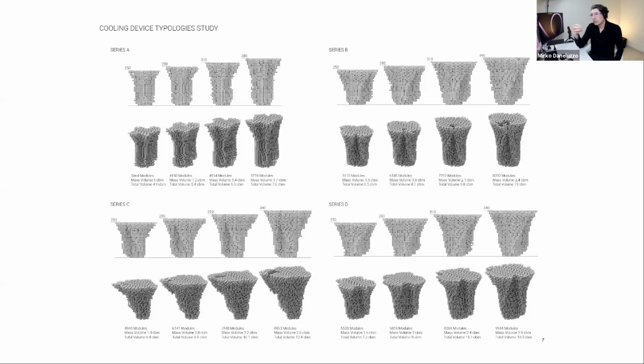Generally, what we needed was a different ratio between the mass, the solid, and the void, so the density of the object, but also different heights. As you can see here, you have different series, and for each series you can have different heights, 250, 280, 310, and each of them has a different mass volume and a different ratio between the total volume and the mass volume.